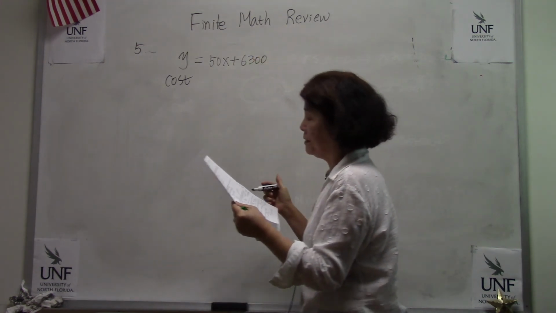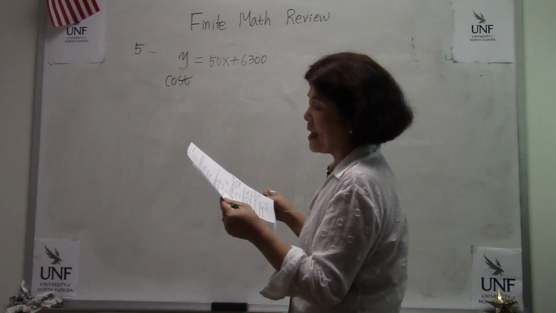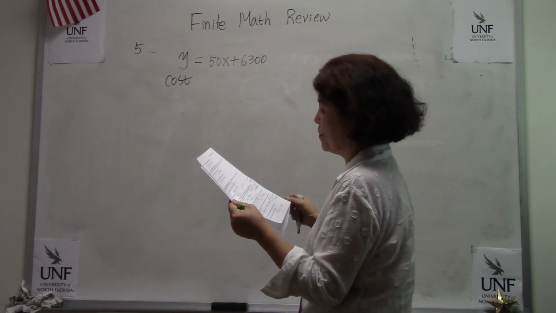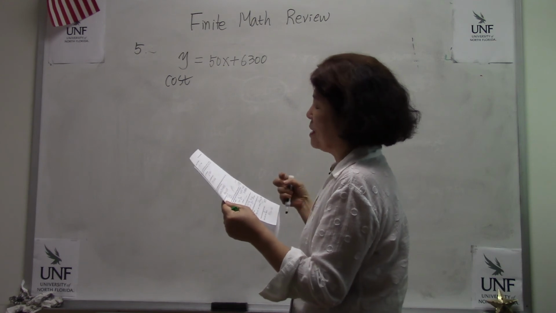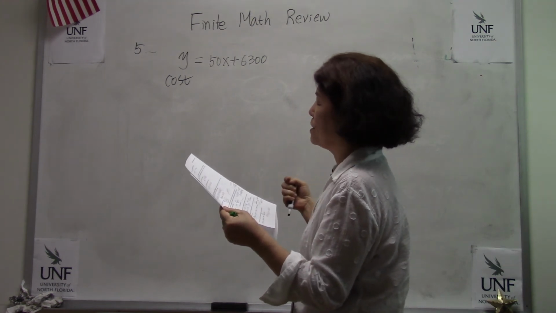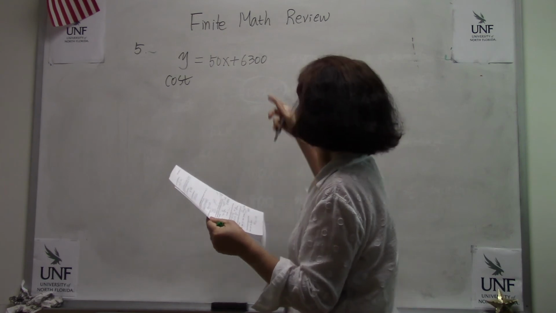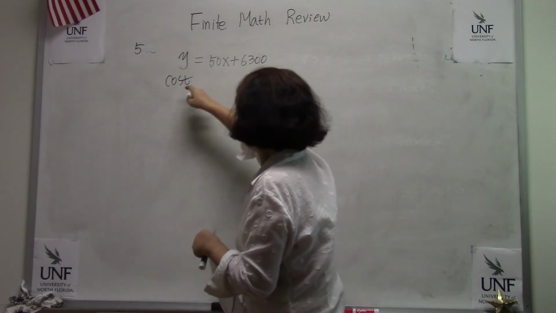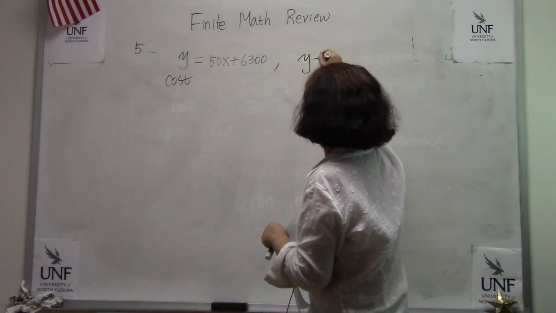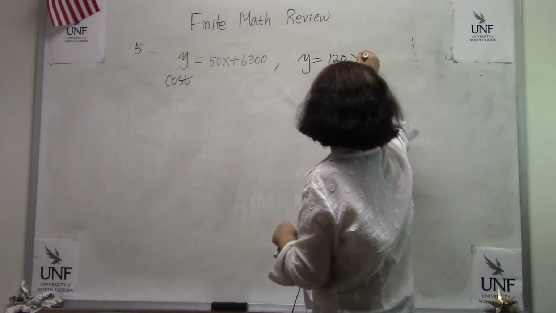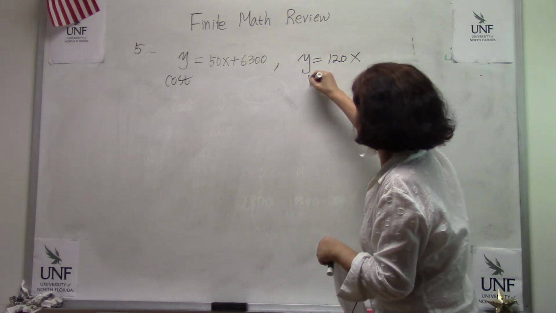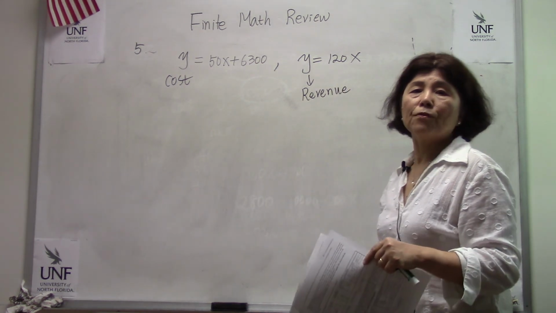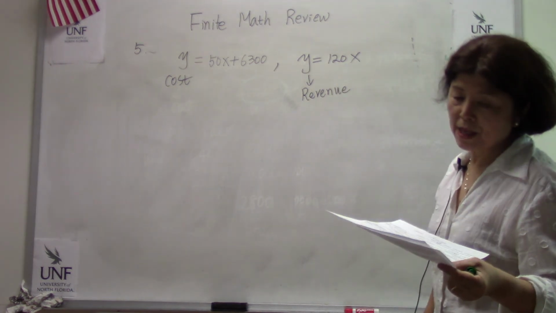We saw a similar one earlier. And also suppose that the total revenue y from the sale of x computer gaming keyboards is given by y equals 120x. So this is in terms of x number of keyboards, and this is the cost. The other one is x number of keyboards multiplied by 120. This is going to be the revenue from selling x number of keyboards.